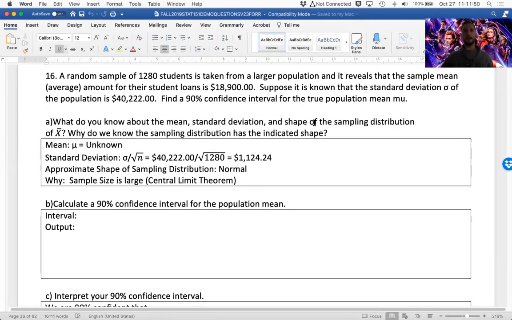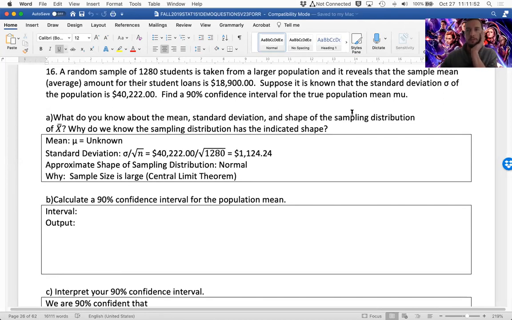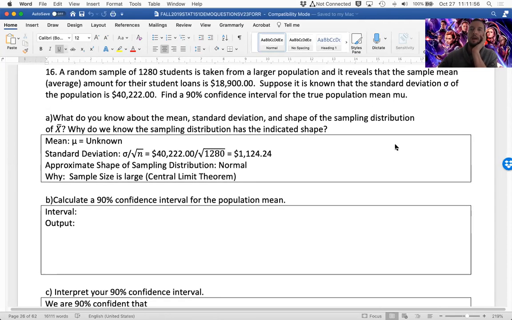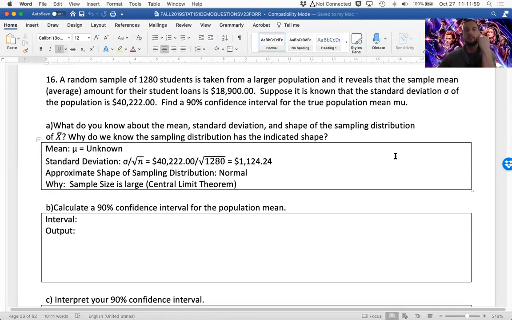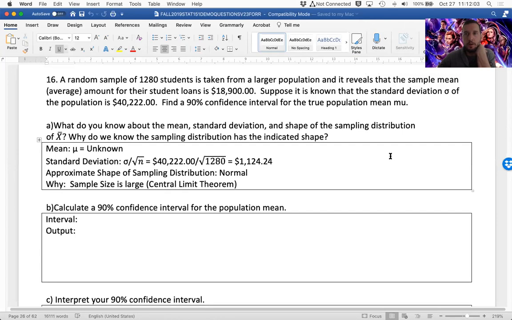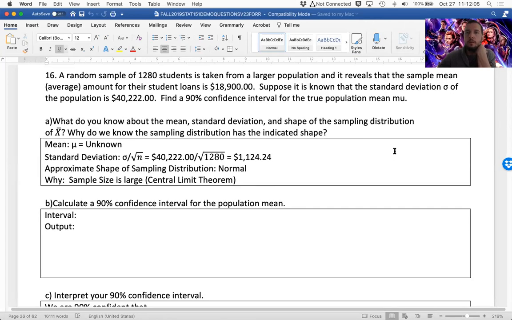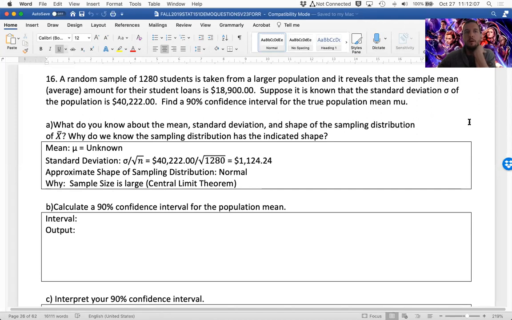We have a random sample of 1,280 students taken from a larger population, and it reveals that the sample mean amount for their student loans is $18,900. Pretty hefty. Suppose it is known that the standard deviation sigma of the population is 40,220. This is kind of insane when you think about it.